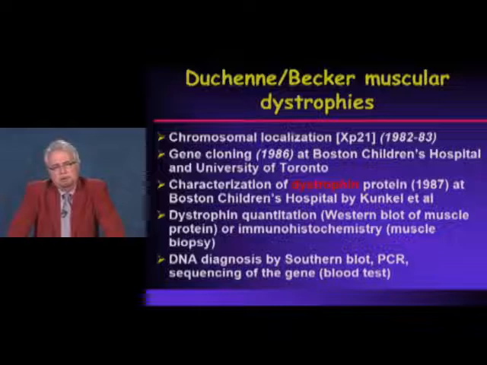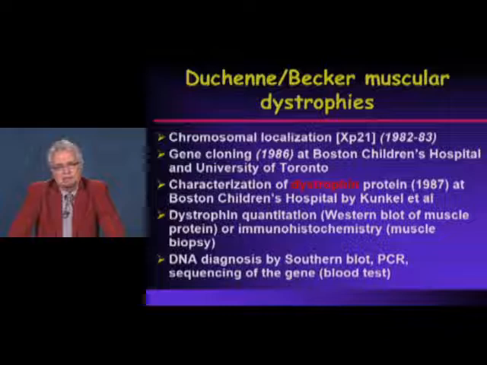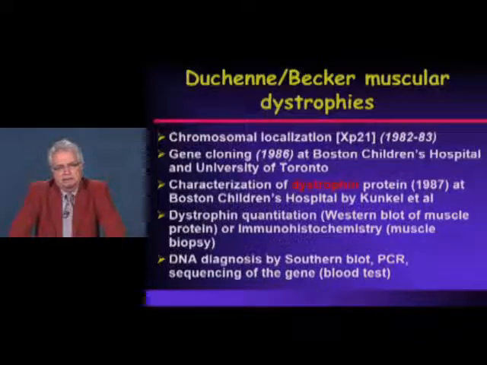Following that, we were able to quantitate the amounts of dystrophin in muscle tissue by performing Western blot analysis and also immunohistochemistry, and detect mutations in the DMD gene by Southern blot analysis, PCR, or sequencing of the gene.